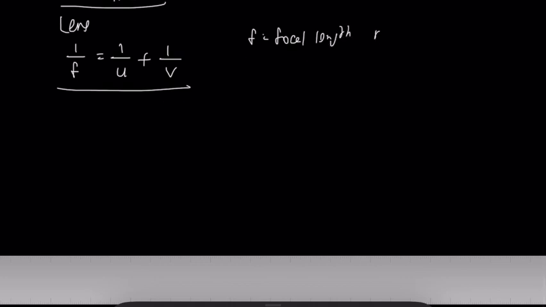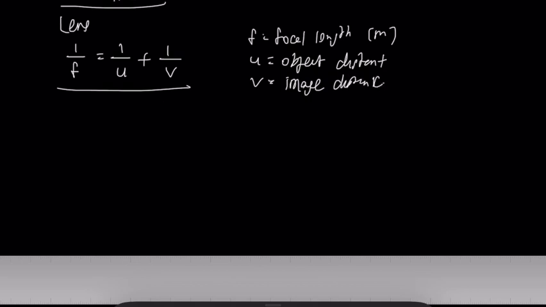Everything is in meters. u will be the object distance, v is the distance of the image. With this formula you can find any of these three if you have two of them. I mean, you guys definitely do math, so yeah.